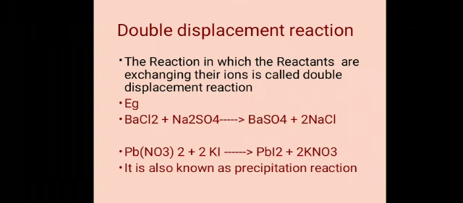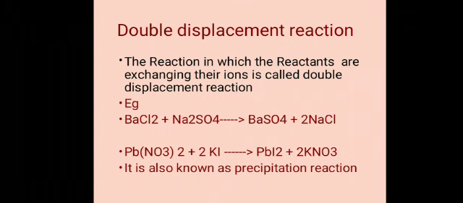That means we dissolve these compounds or chemicals in water and prepare their aqueous solutions. These aqueous solutions we mix together, and as a result these chemicals split into ions and the reactants exchange their ions. That type of reaction is known as double displacement reaction.